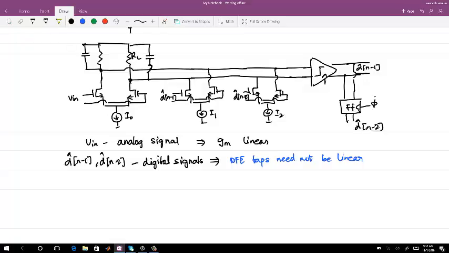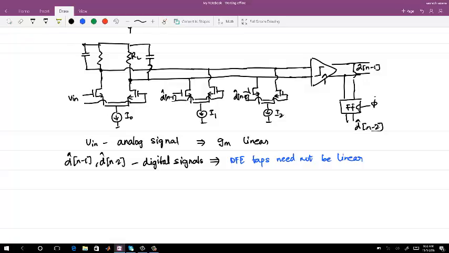You cannot increase the input swing. Decrease the input swing? How much can you reduce from a 50 millivolt or 10 millivolt swing? Increase the overdrive? You are limited by the supply voltage. You need a certain headroom also at the output.